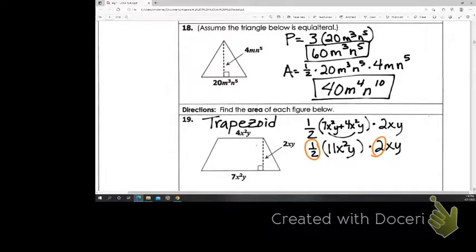What is half of 2? Just 1, right? So these two basically just become a 1. Half of 2, we're just back to where we were. So it's just 11, and then x, 2 plus 1 is 3, y, 1 plus 1 is 2.